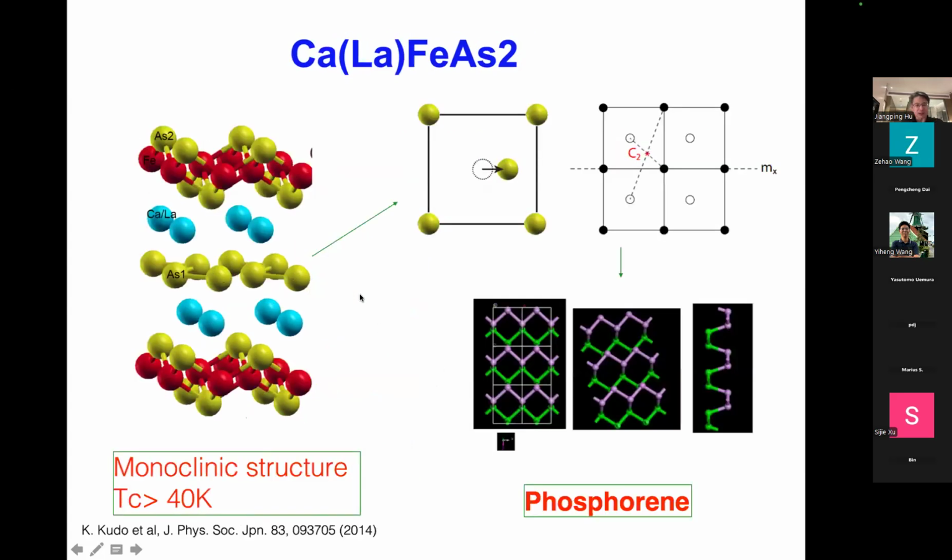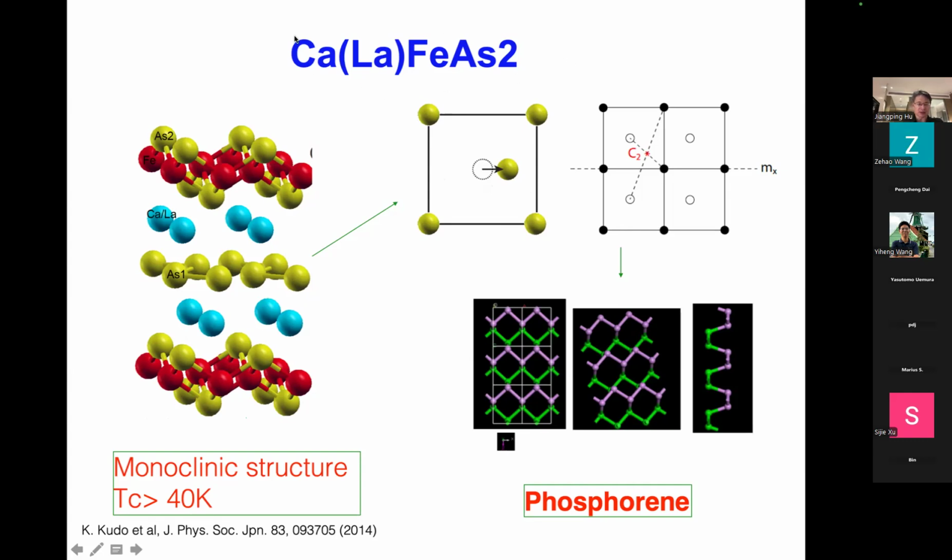This inserted layer does not have C4V rotation symmetry, and the crystal becomes monoclinic, which means the two arsenic, the middle ones, shift a little bit and create this structure.